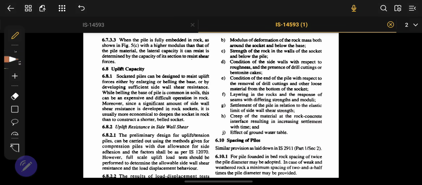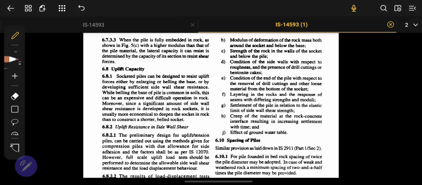Means somebody is removing the drill cuttings completely, washing the hole clearly, and then doing concreting, and there is another person who is not clearing it completely. The contractor is not working properly, and he is just speeding up the work and not maintaining quality. Then your end bearing resistance will be less. So you cannot say that your end bearing resistance should be the same for all the piles and all the locations.